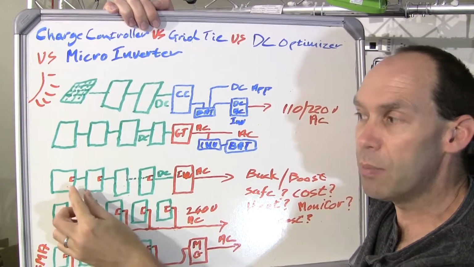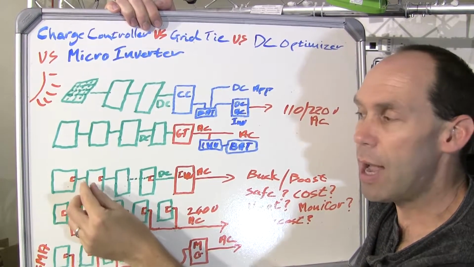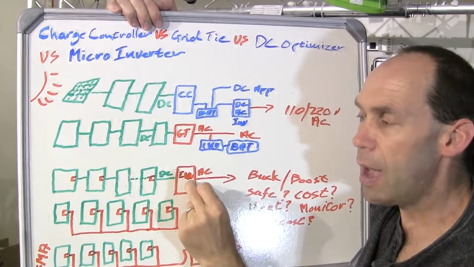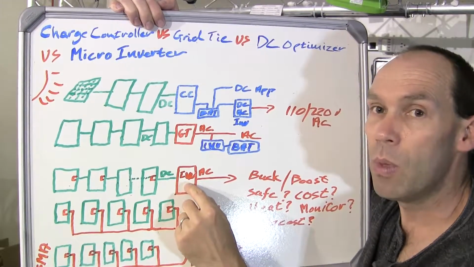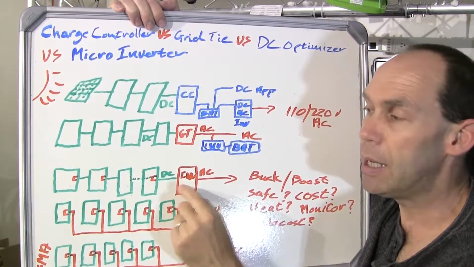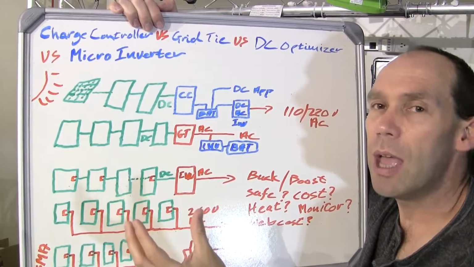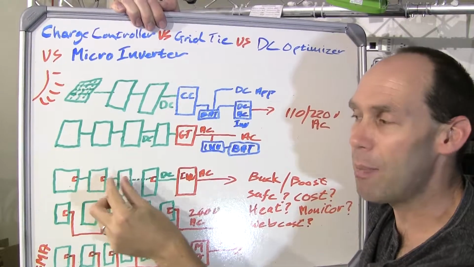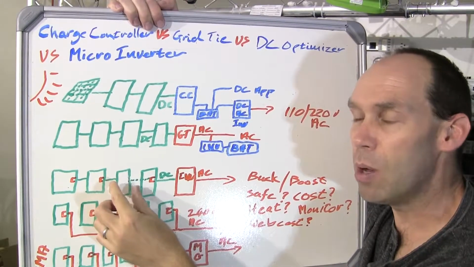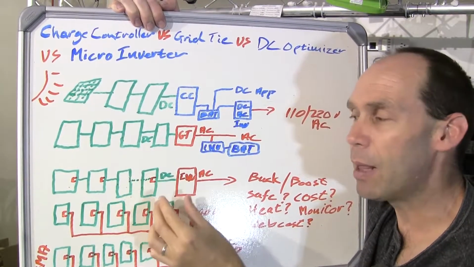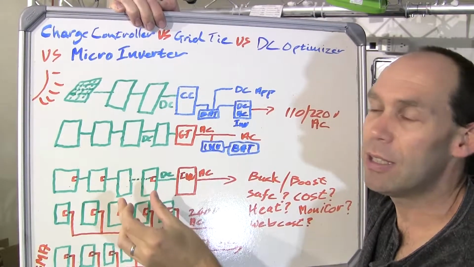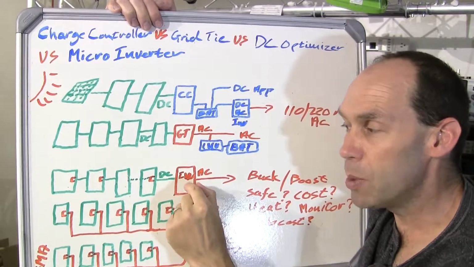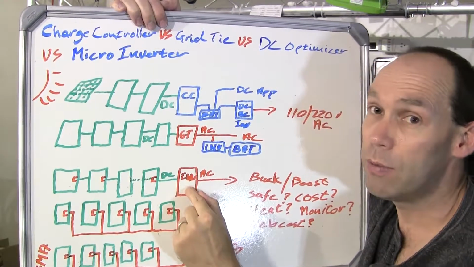Some do just a simple DC to DC conversion at the panel and then have an inverter over here which does the MPPT. Some of these technologies employ impedance matching. They'll actually change the impedance at the panels so that if there's a problem, the power flows around a panel and voltages are adjusted accordingly to get the optimum voltage level for the inverter.